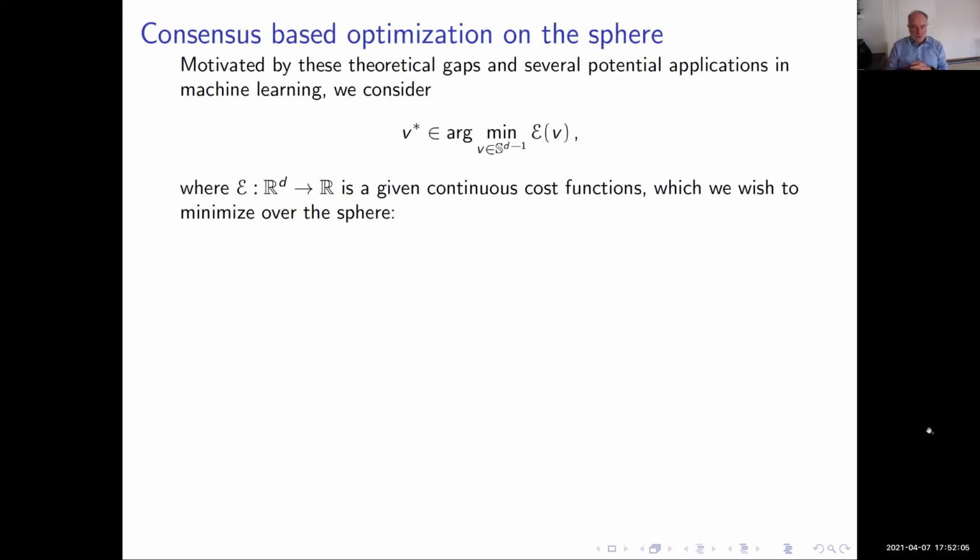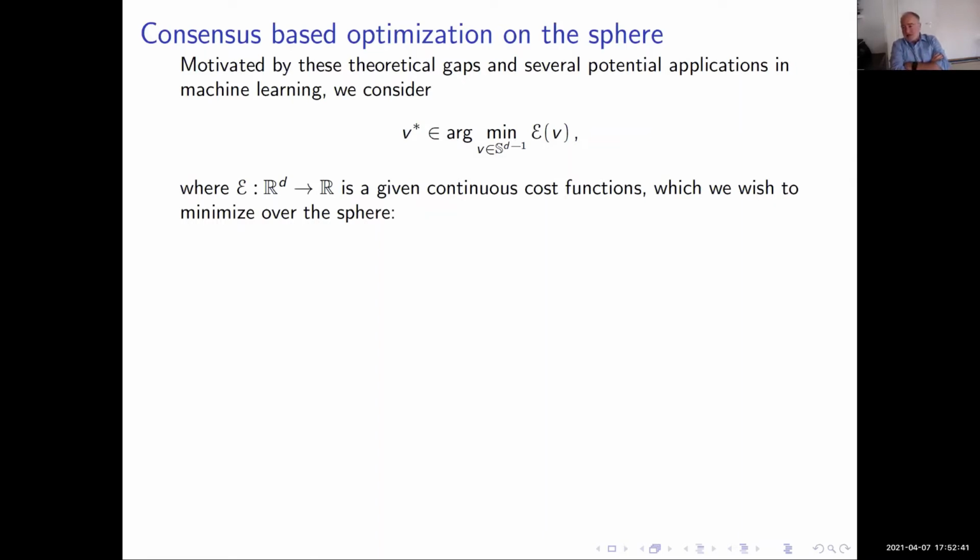Okay, so as I said, the easiest and nicest possible prototype for a consensus-based optimization on a compact manifold is certainly starting with the problem of optimizing a non-convex function over the sphere. So how can we do that? What would be a good prototype for a consensus-based optimization method for the sphere?